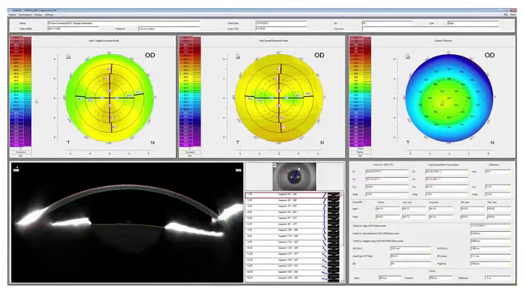For preoperative evaluation for cataract surgery, we have our cataract pre-op display. This gives us our anterior surface curvature. It also gives us total corneal refractive power for looking at how the posterior surface of the cornea affects the total power of the cornea. And this can be very helpful for toric IOLs.